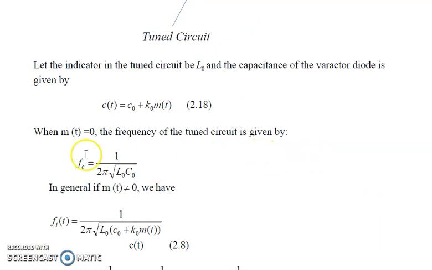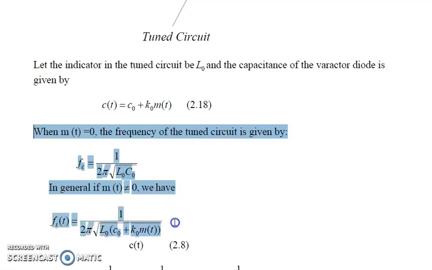Now, you only have to remember this formula. You do not have to worry about the complete derivation. Just remember that in any tuned circuit, the resonant frequency is equal to 1 by 2 pi under root LC.